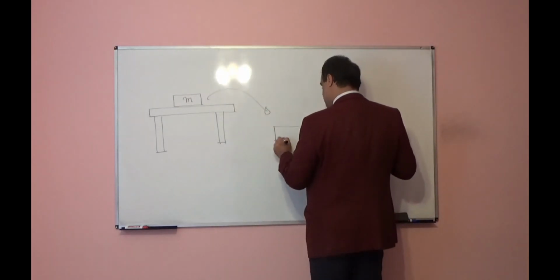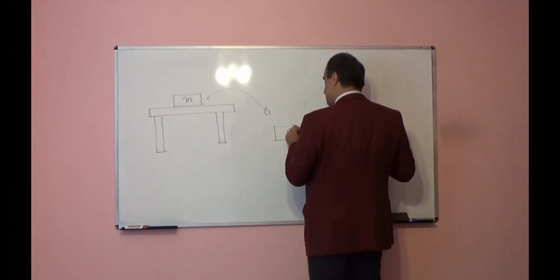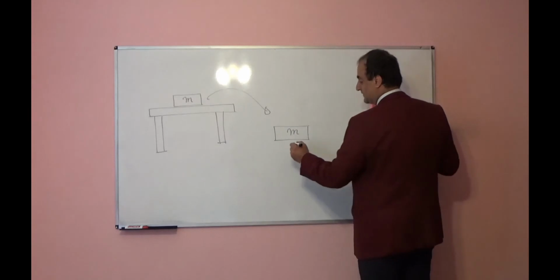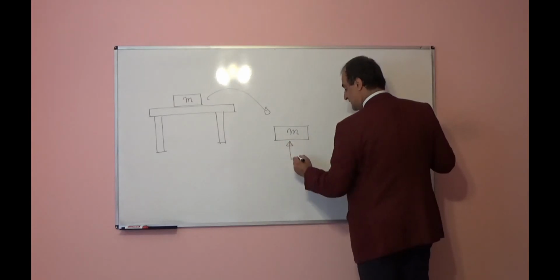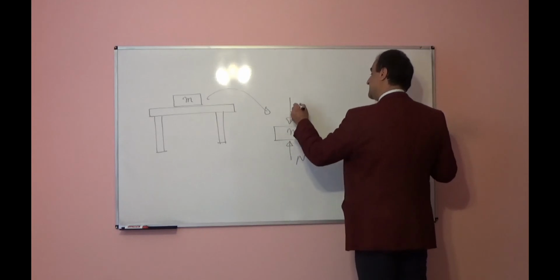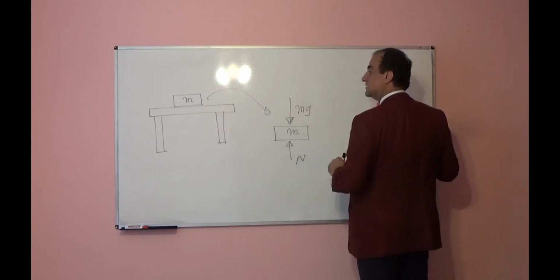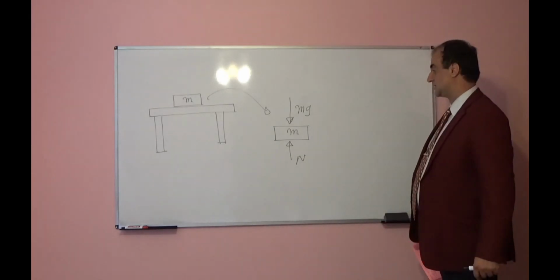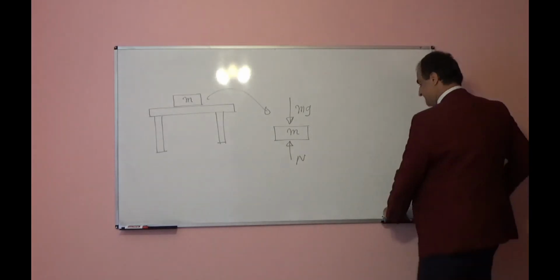The free body diagram for this box will be the box and the effective forces on this box. One of them is the reaction of the desk and another is the weight of the box, mg. So this will be the free body diagram for this box.